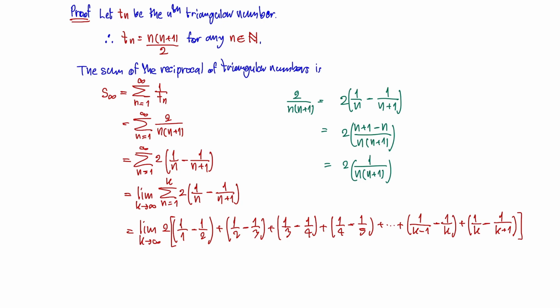Just like that. And then, do you notice something? This will be cancelled, right? Minus 1 over 2 is cancelled. 1/3 are cancelled. 1/4 are cancelled. 1/5 are cancelled. Okay? And 1 over k minus 1 are cancelled. And 1 over k are cancelled.